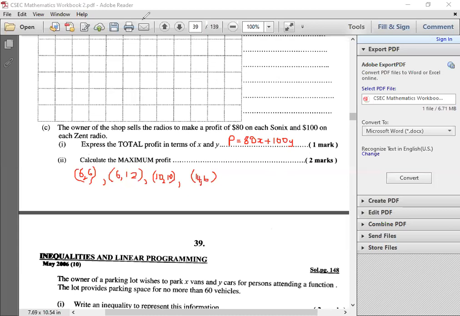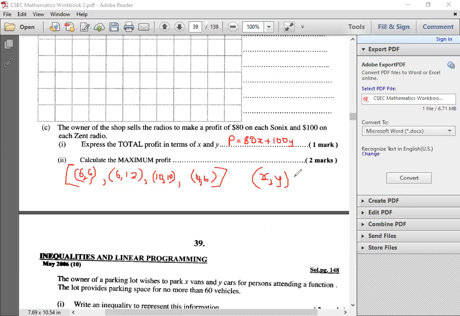So now for those who weren't here this morning when we did one, you would put in each of these coordinates. Remember, a coordinate is x and y, xy. So for example, in this case, where this is 6, 6, x is 6, y is 6, you put 6 here, 6 here, and work it out.